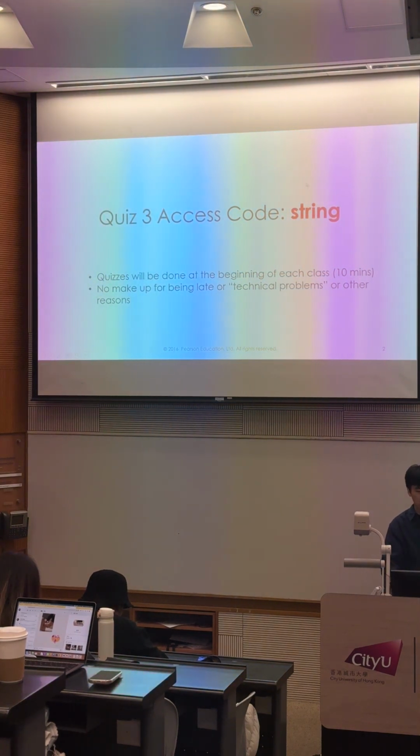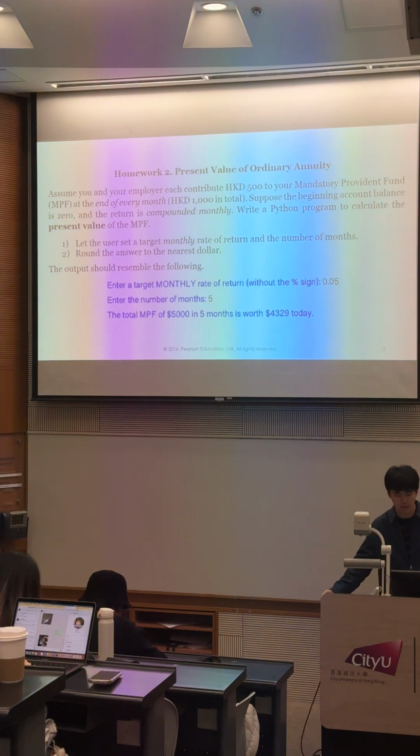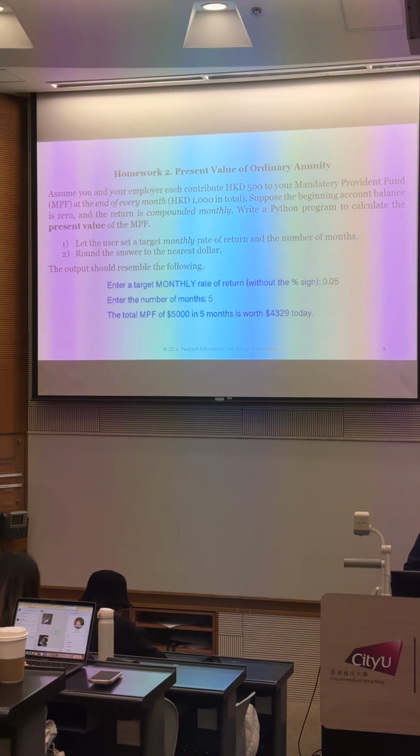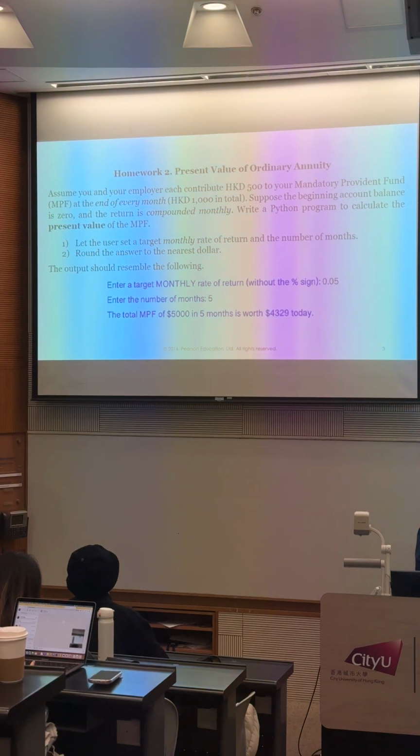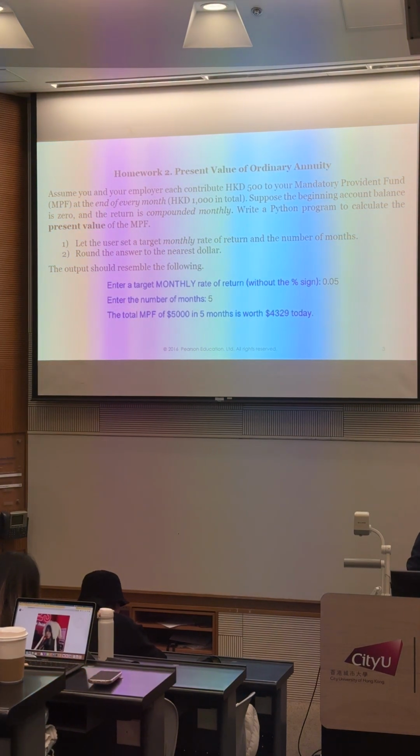Okay, so before today's lecture, let's take a look at our homework 2 together. This homework 2 is pretty similar to classwork 2 we have discussed in lecture 2. In homework 2, it says to assume you and your employer each contribute Hong Kong dollar 500 to your MPF scheme at the end of every month.